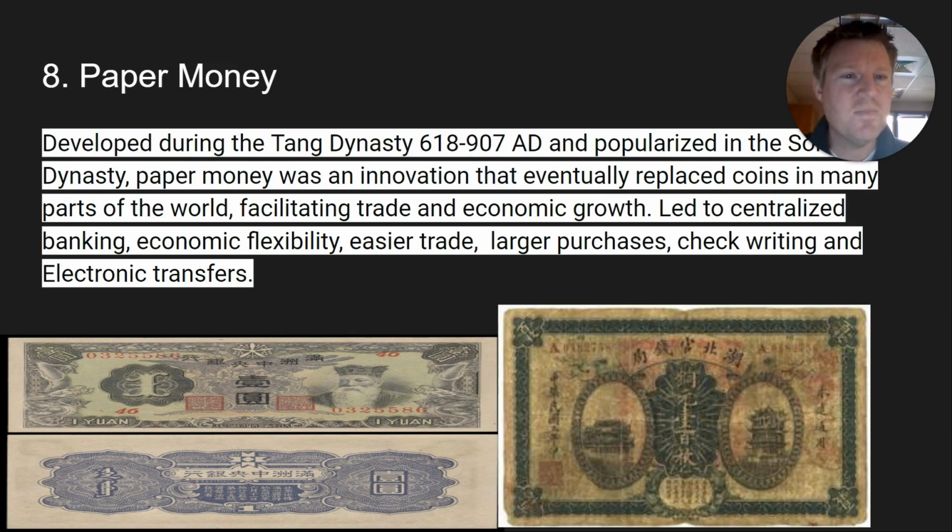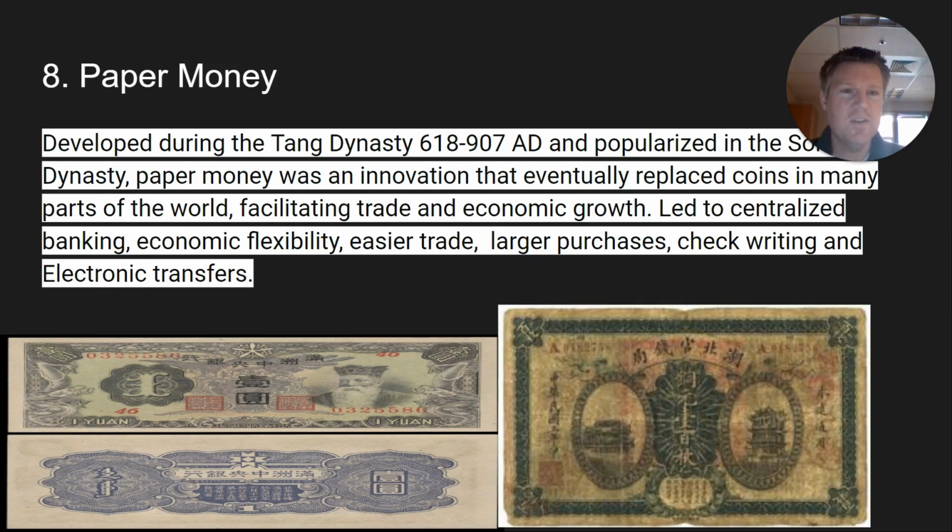And this innovation will replace coins in many parts of the world. Paper money is very useful because if you're traveling, it's going to be hard to carry a lot of silver, especially in your pockets. If you had a horse, maybe you could carry a lot of silver, but for travelers and traders, it's way easier just to carry some paper money.